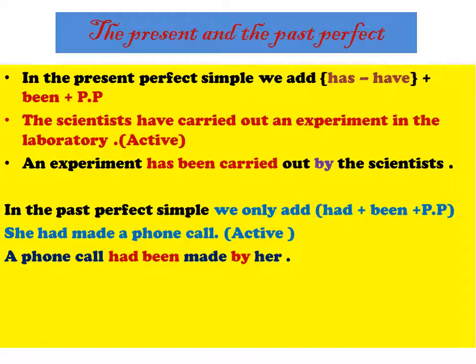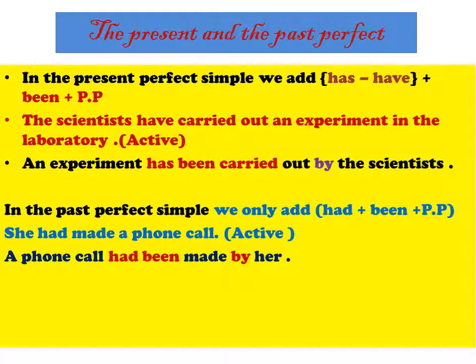Next, the present perfect and the past perfect, the same way. In the present perfect simple, we add has or have, as we know, plus been plus PP. So when we are going to change to passive voice, we are going to do the same. The scientists have carried out an experiment in the laboratory.